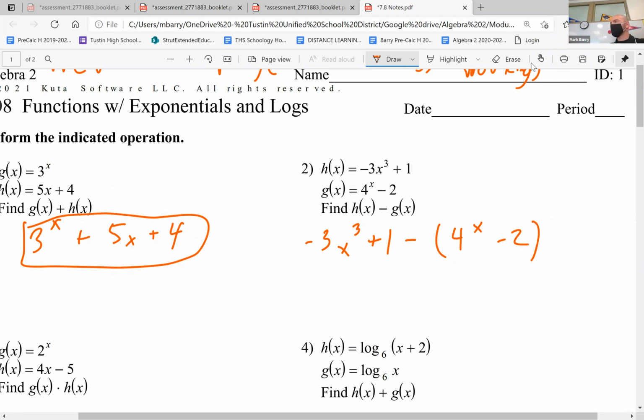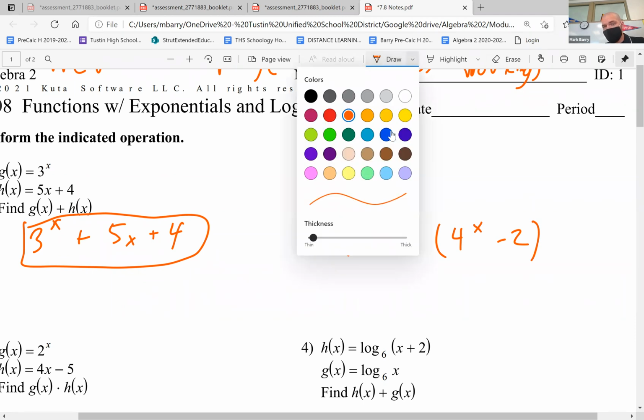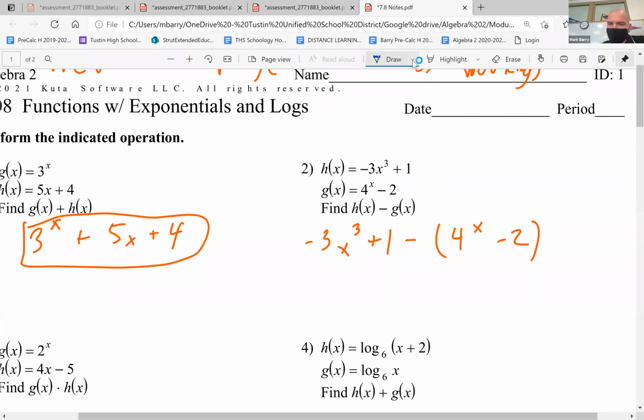Which we talked about when we did this a few months ago. We always talked about that. Whenever it's minus, we use parentheses so that we can distribute the negative, okay? So I do need to distribute the negative here, so I'm going to do that. So this is going to become minus 4 to the power of x plus 2.